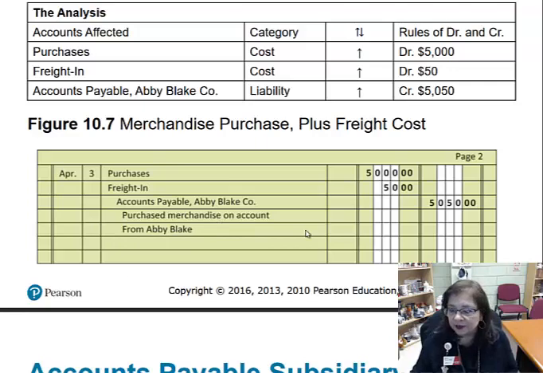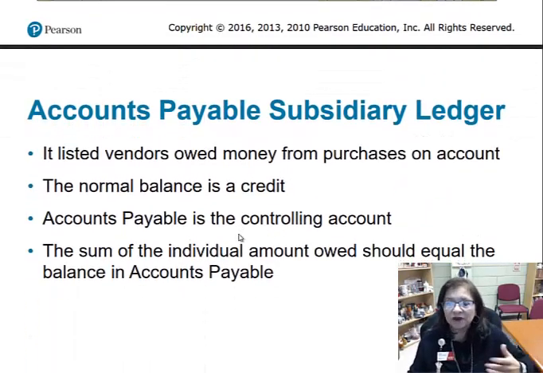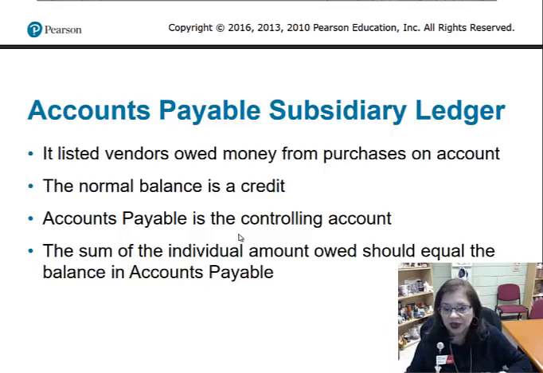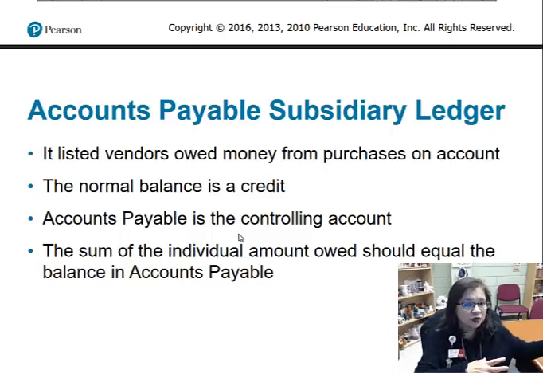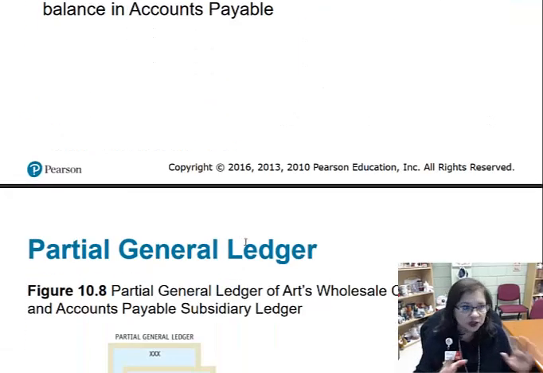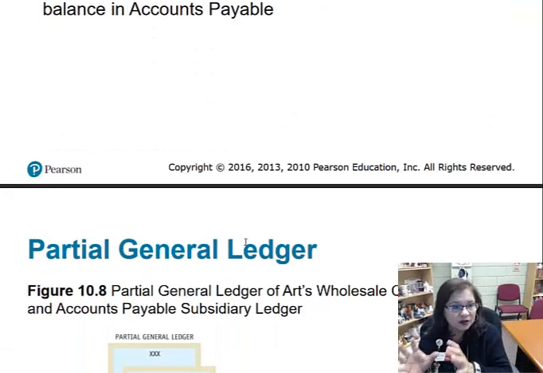Simple, easy. Then we have to make sure that we put it into the subsidiary ledgers for accounts payable as well. Just the way we did in accounts receivable, now we're doing it in accounts payable. Don't let me get you confused on that, because we're working with accounts payable.